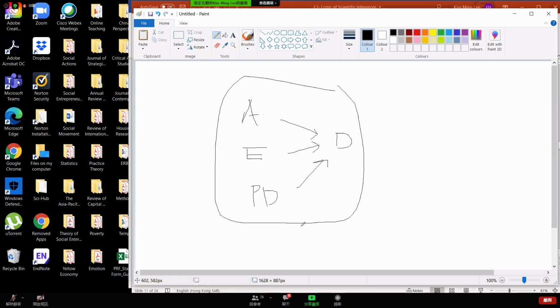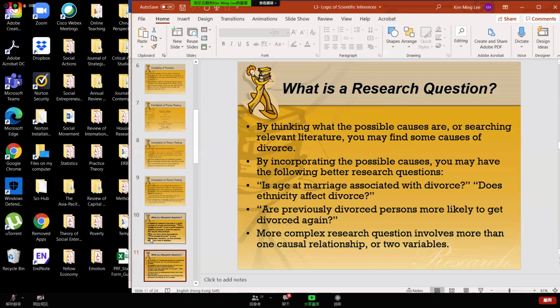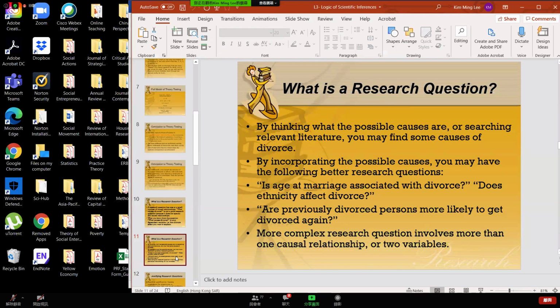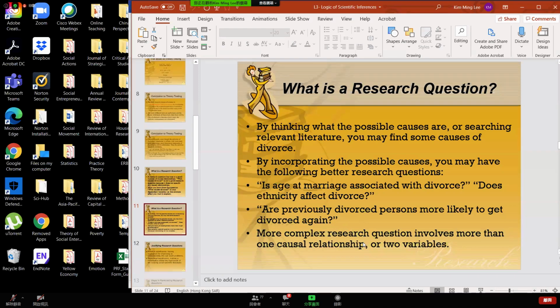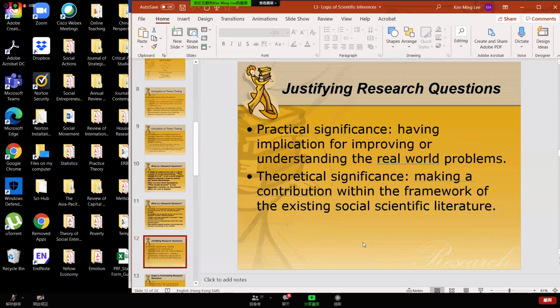So you have a research question: whether age, ethnicity, and previous divorce experience affect one's divorce in the future.